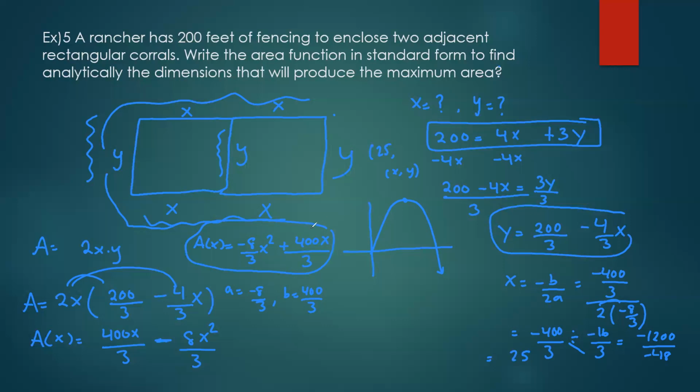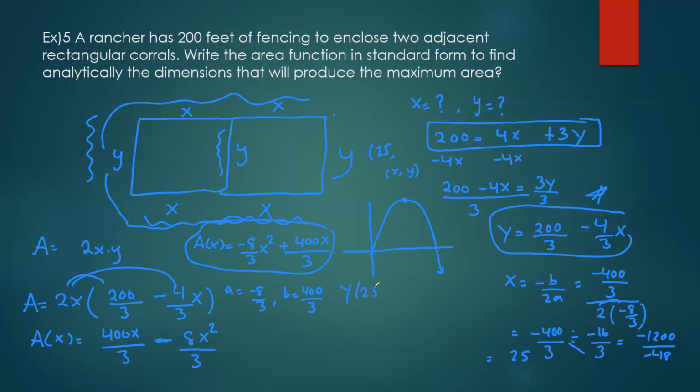Okay, so your x value is going to be 25, and then to find the y value of the vertex, you plug 25 back into this function, or we could plug it back here, right? This one right here. Yeah, you can use that. Yeah, let's plug it back in here.